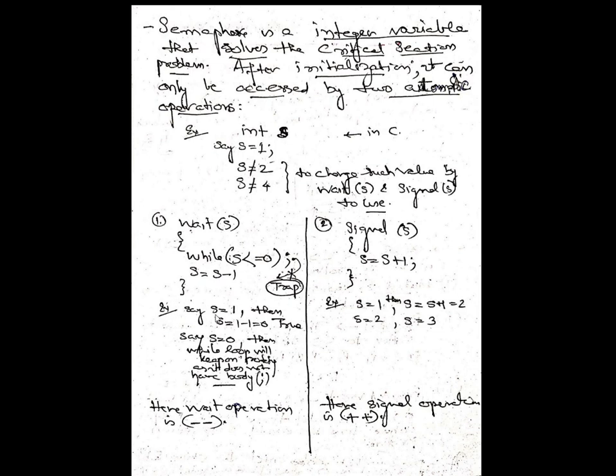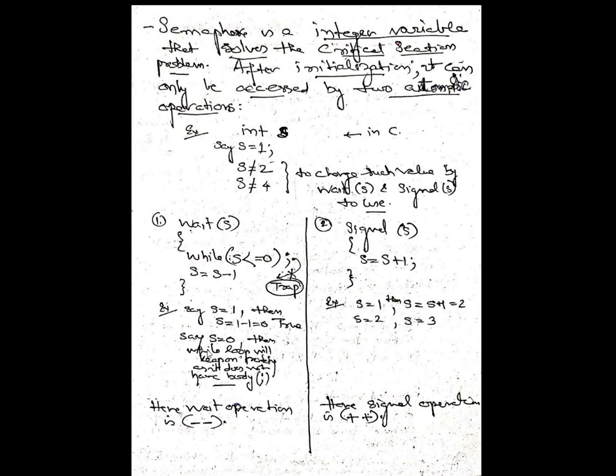I have mentioned an example here. Say S is equal to 1. If S is equal to 1, that means this condition is not met, then S is equal to 1 minus 1 is equal to 0, and automatically it goes into the true condition.